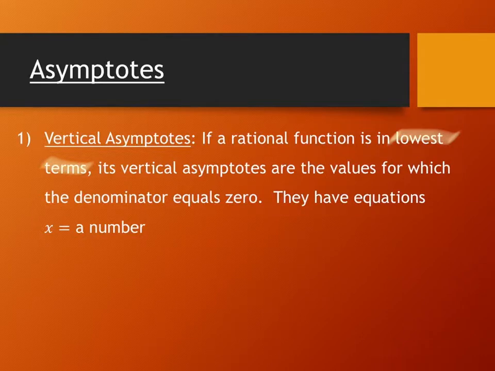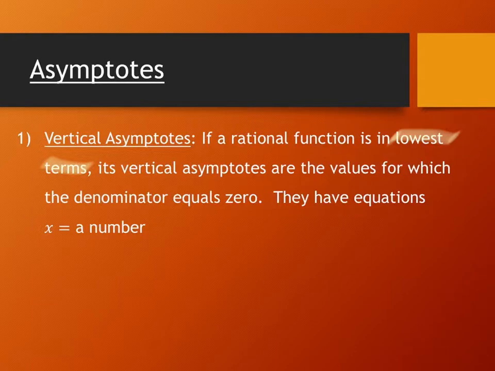Some functions very clearly don't need it. Some functions very clearly at least have to be checked out. So vertical asymptotes are so directly related to the concept of domain, it's almost freaky scary. If you've done one, you've almost pretty much done the other one.